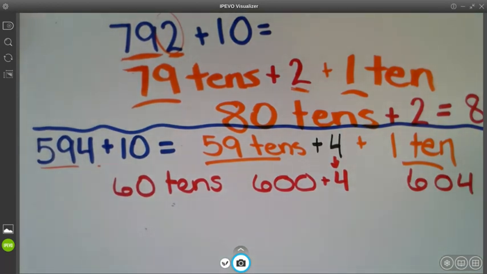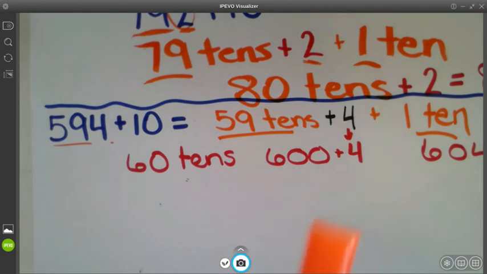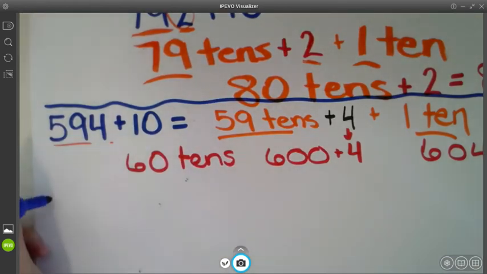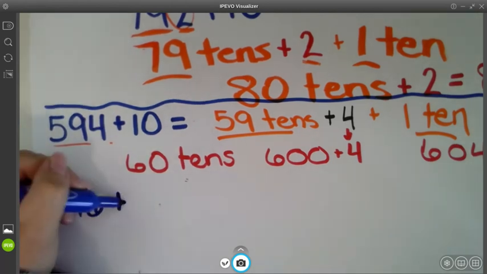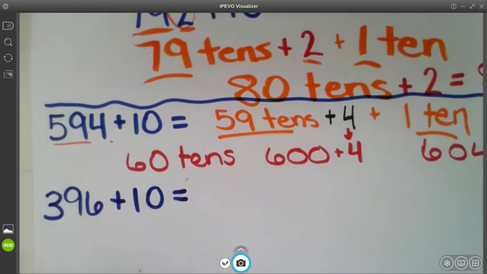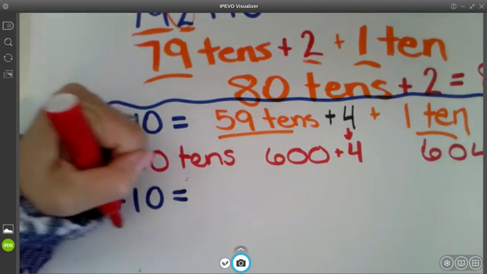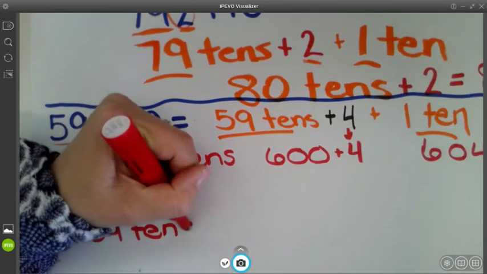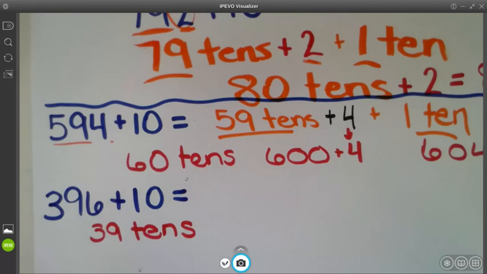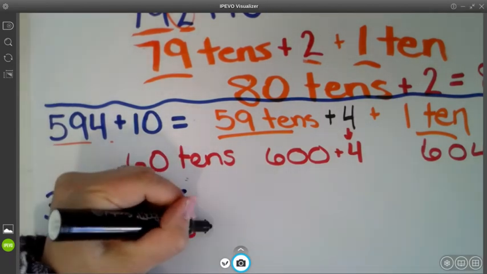Kind of fun, right? It's a fun way to add and do math. So let's do another one. Let's look at 396, and we're going to add plus 10. In the same way, how many tens do we have? Well, we know that 390 is the same thing as 39 tens. We can't forget the 6, so we know we're going to have to be adding that back at some point.